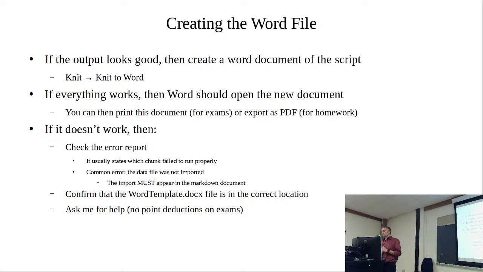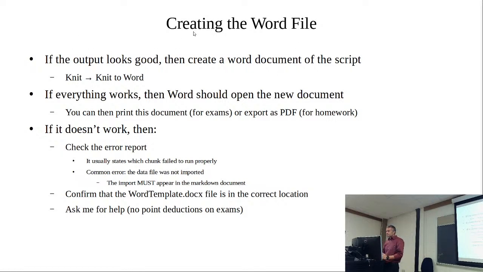Now what we want to do is create our Word file. And we do this using a knit function. Knitting is basically knitting text portions of the document and the code execution portions of the document together into a single Word document. That's the conceptual idea for the knitting.